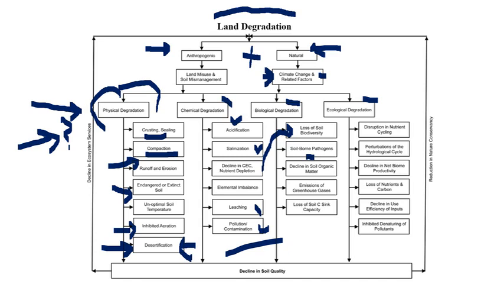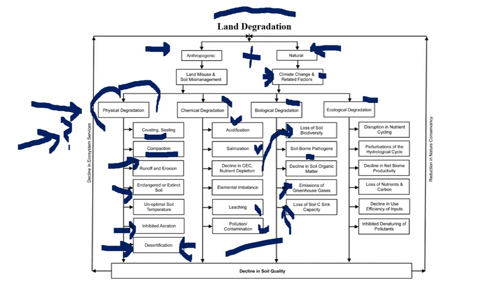Decline in the soil organic matter is another issue, which is a point of concern. Emission of greenhouse gases, loss of soil carbon sink capacity. These are some of the biological degradation methods which lead to land degradation or soil degradation.